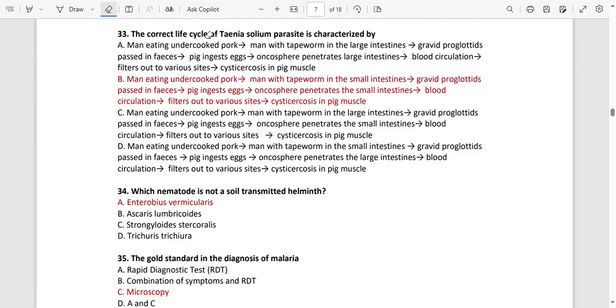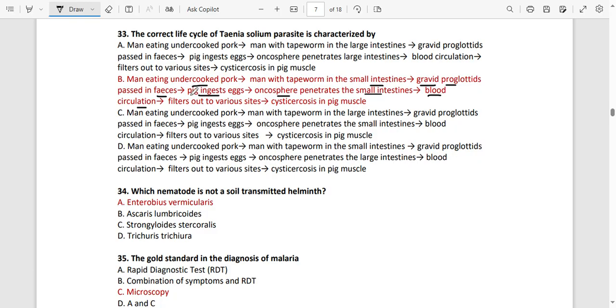The correct life cycle of Taenia solium parasite is characterized by, didn't we already describe this? Taenia solium: man eating undercooked pork, man with tapeworm in the small intestine, and then you have got the gravid proglottids passed in feces, and then the pig will ingest those, and then oncospheres penetrate the small intestine, that's obviously of the pig, and then they go to the blood.